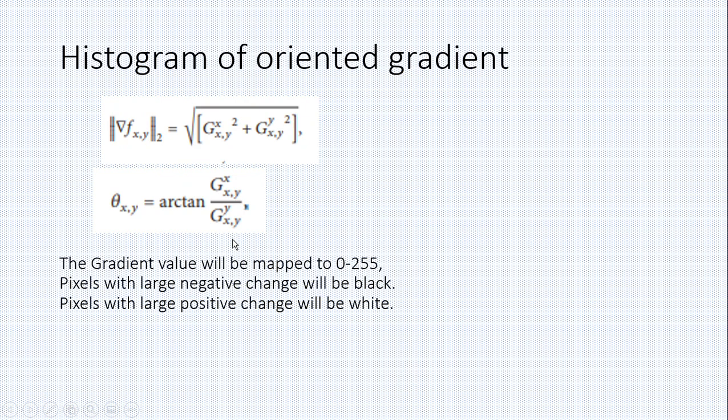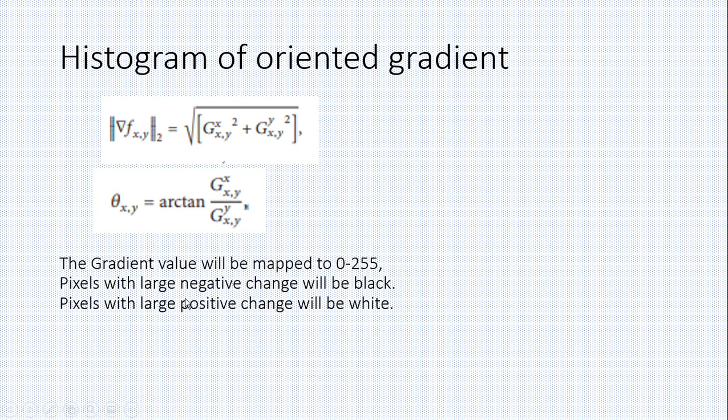We can after that map the values to the range from 0 to 255, which represents the values of the picture intensities. A pixel with a large negative change will be black. We can represent the gradient direction with the colors black or white.